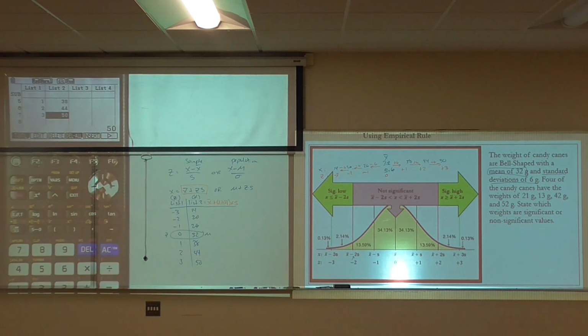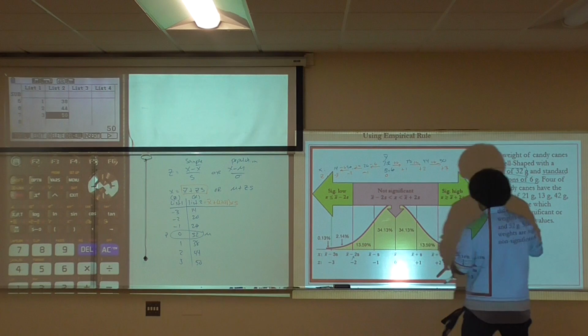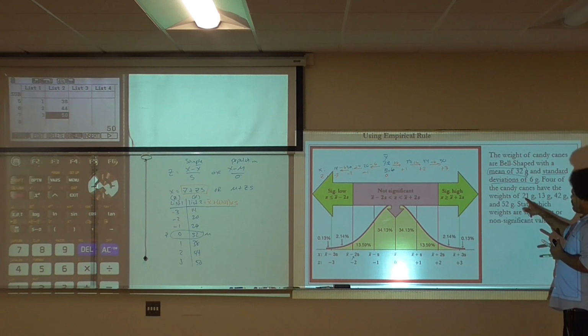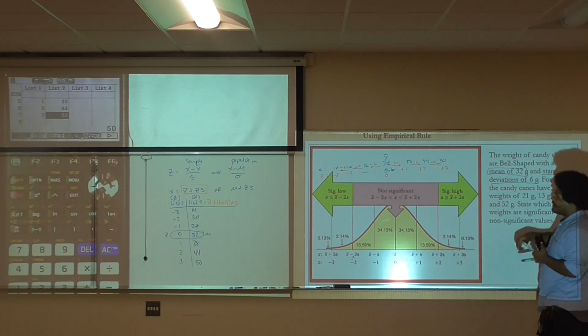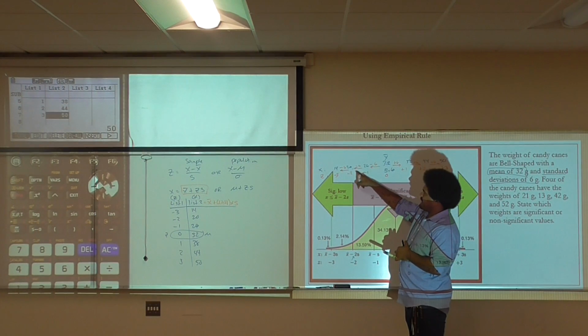So with those done, we can actually do some answering here. Now it's actually the question. Which of these are in the significant range or in the non-significant range? So let's look over here. 21, if I'm looking over here, I notice that it is between 20 and 26.